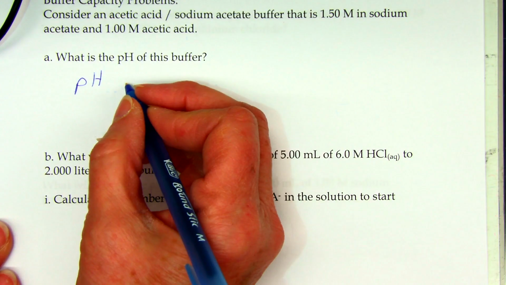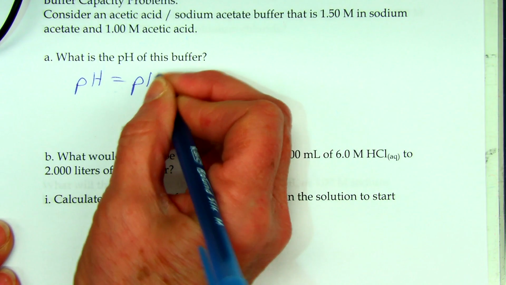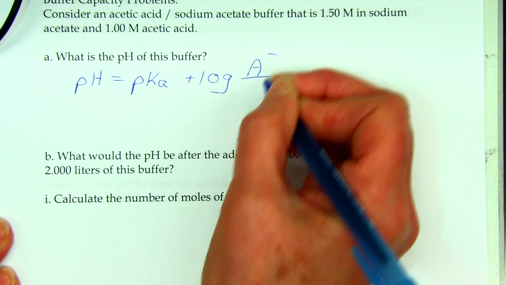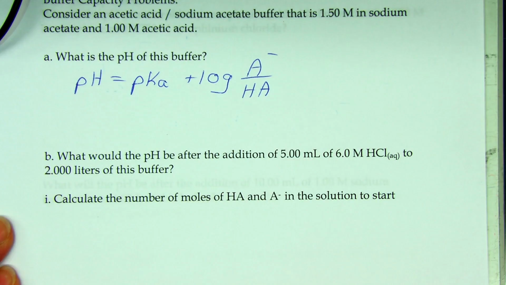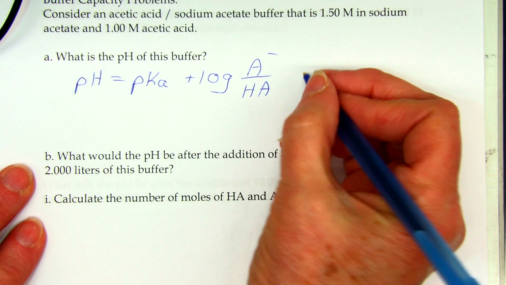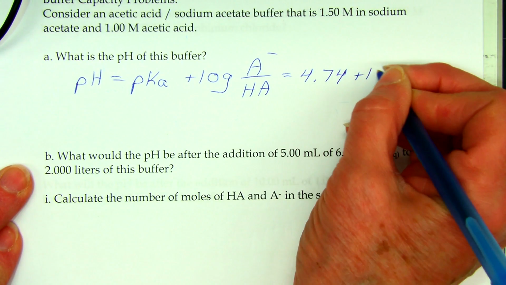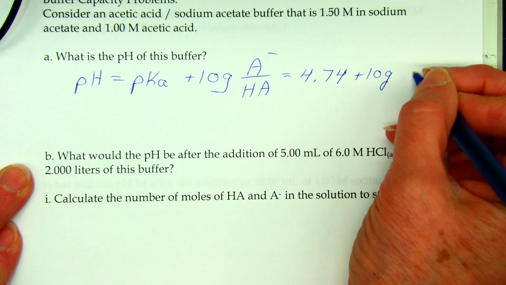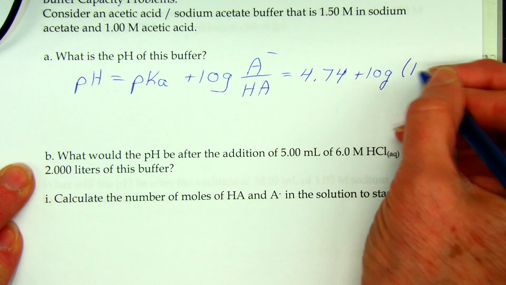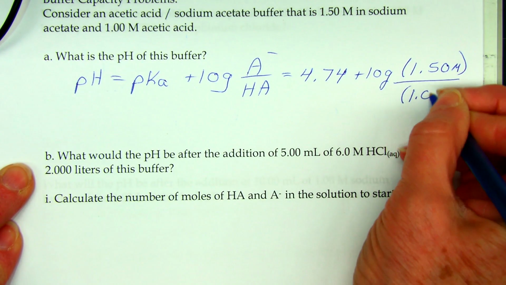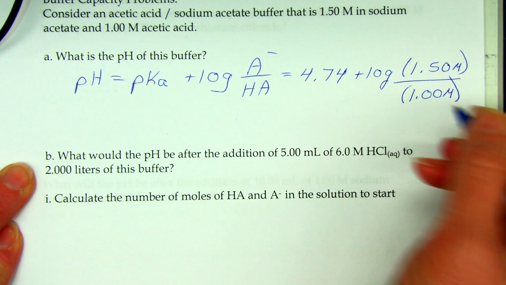Okay, pH is equal to pKa plus the log of A minus over HA. Now we could use an ICE chart, but I like this better because we're dealing with buffers, it's quick and dirty. So the pKa of acetic acid is 4.74 plus the log of the A minus, that's our acetate, 1.50 molar over the acid, 1.00 molar.